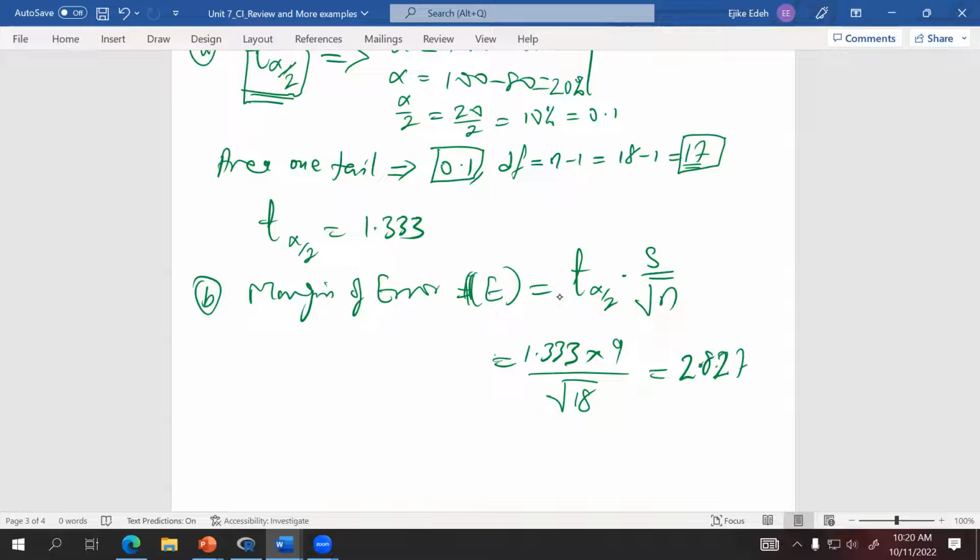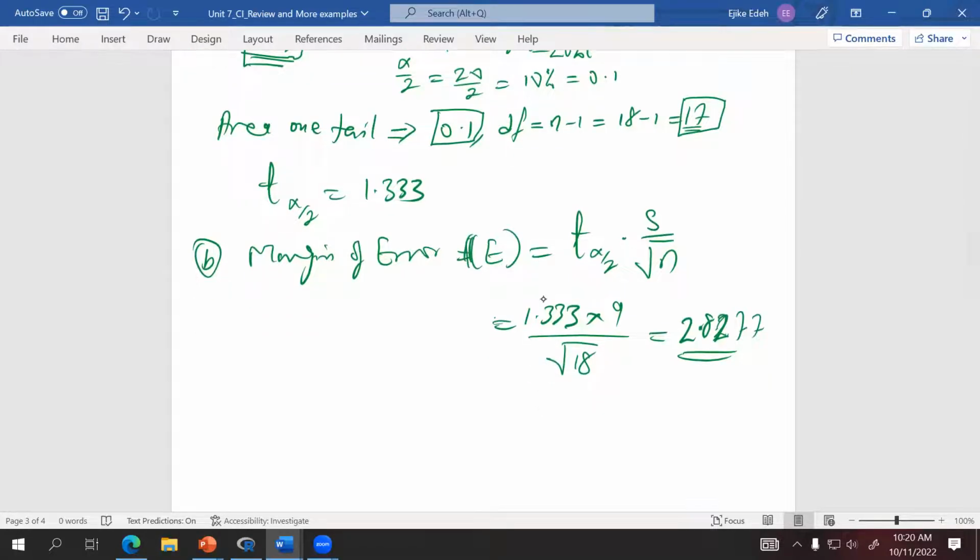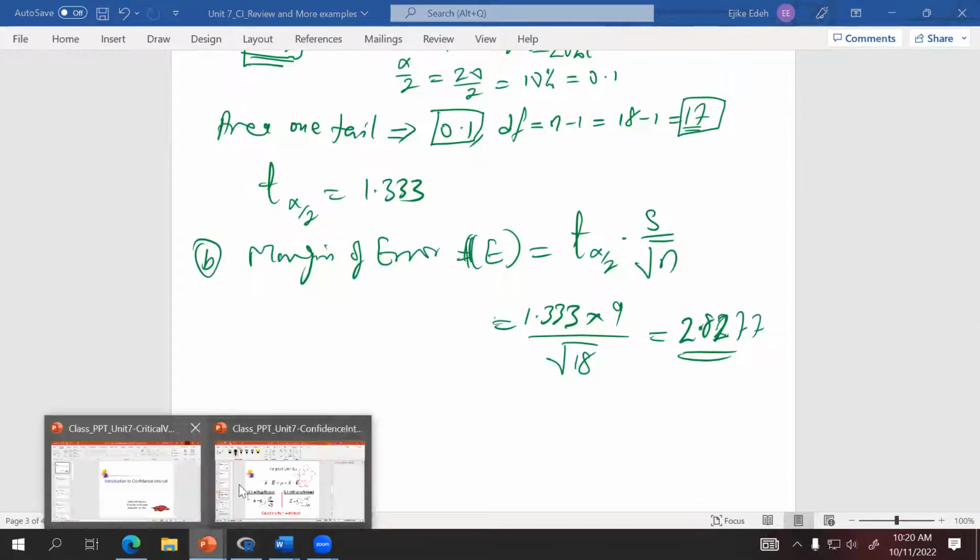Anybody confirming? Is it the same thing? Okay, thank you very much. So this is our margin of error. Bear in mind the relationship between all these things. So once you get the margin of error, let's go back to the slide.